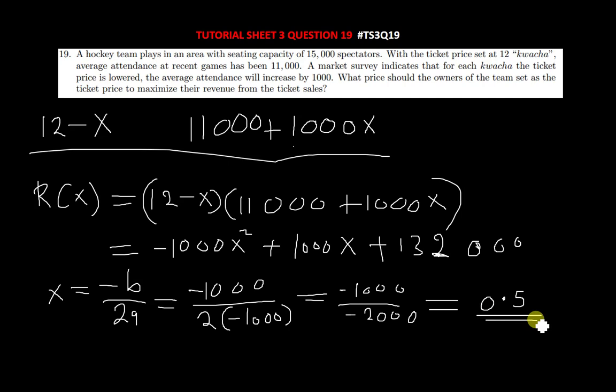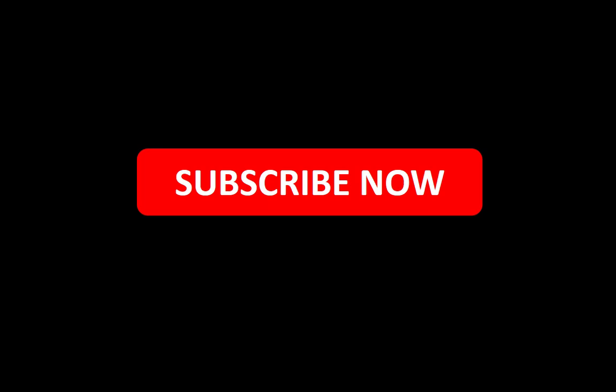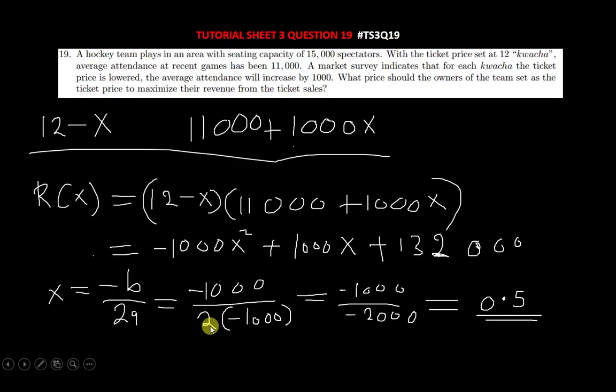So now the question is saying, what price should the owners of the team set as the ticket price to maximize their revenue? How do you now find that? Sorry for that mistake.